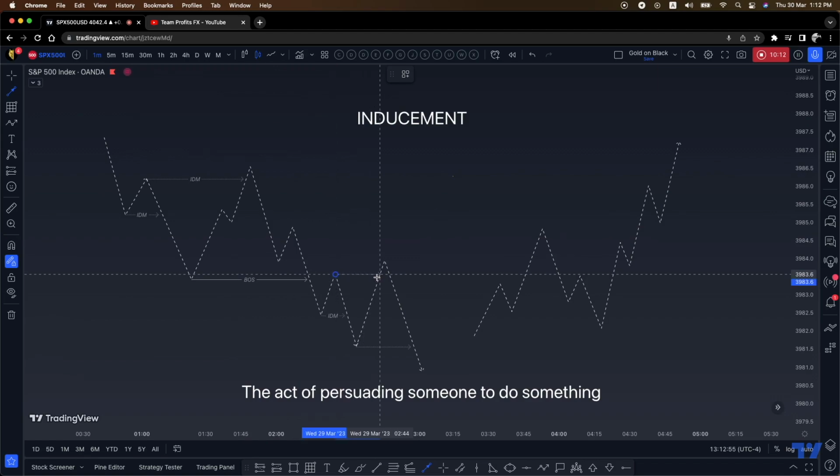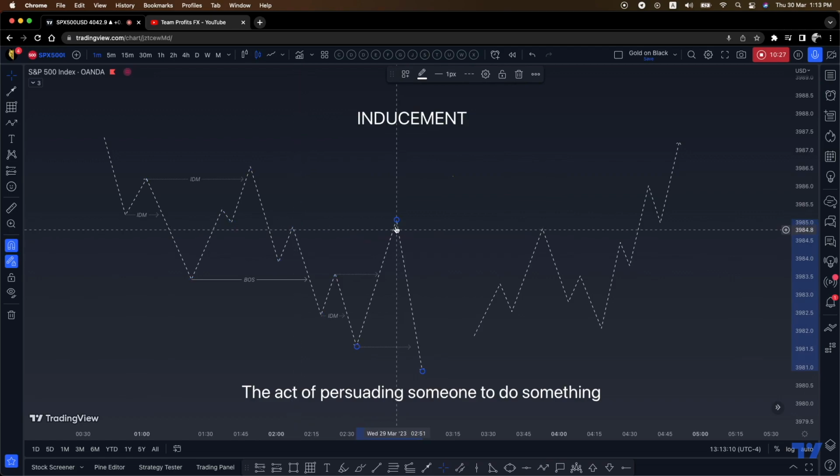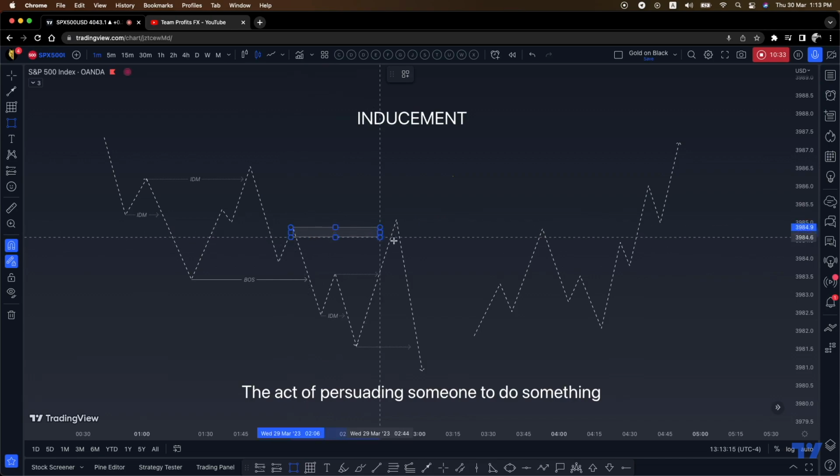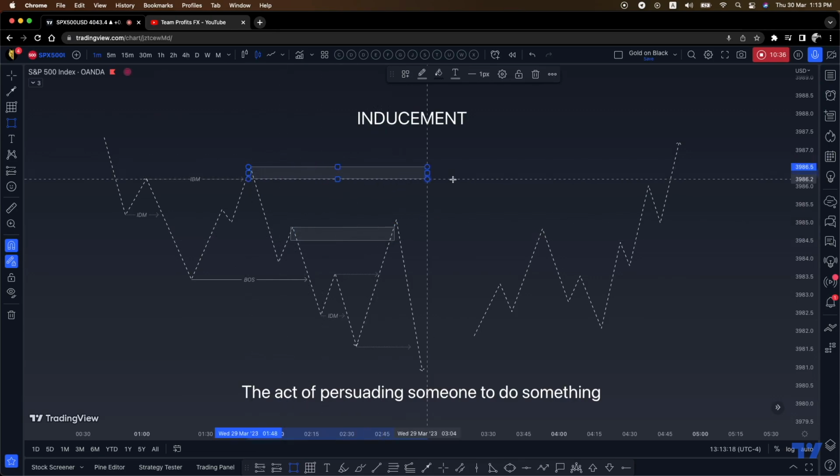If we're still on a downtrend, the market is taking that liquidity from the first inducement, inducing sellers to jump in right here. The market is actually going up, sweeping them out. Sometimes the market can even go higher and sweep these highs, or maybe, as in smart money concepts, you have your order block, a POI, right there.